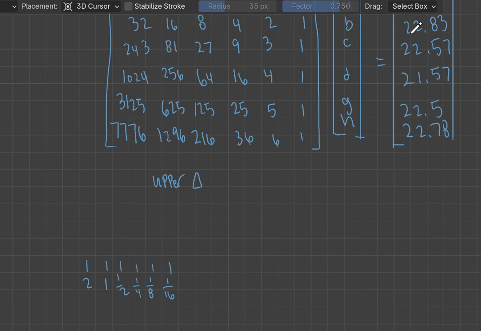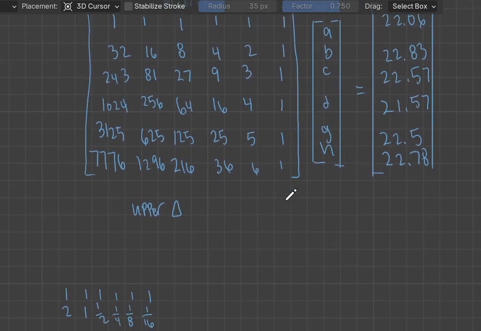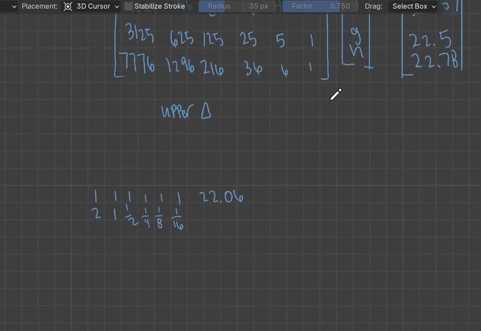And then not forgetting that the solutions also change. The first solution stays the same, 22.06, but the second solution, since I divided everything on the left side by 16, I also have to divide everything on the right side by 16, and you end up with 1.427, let's say.